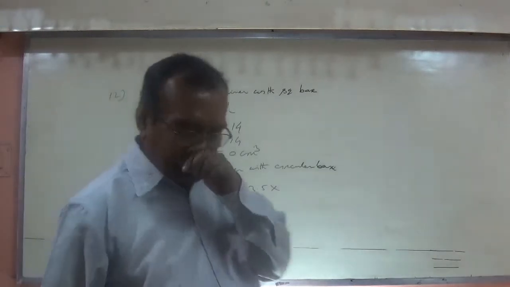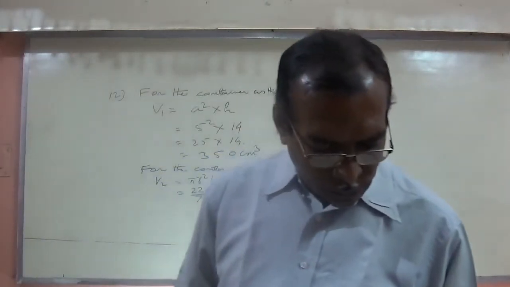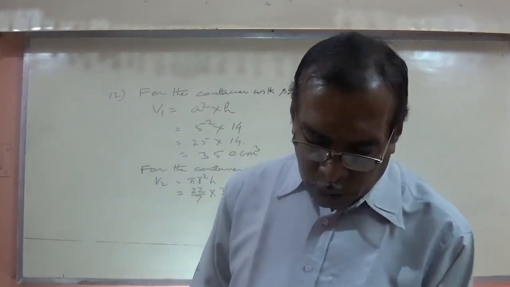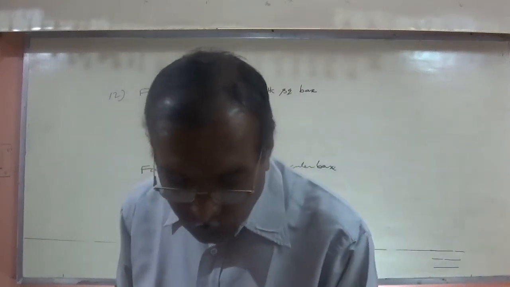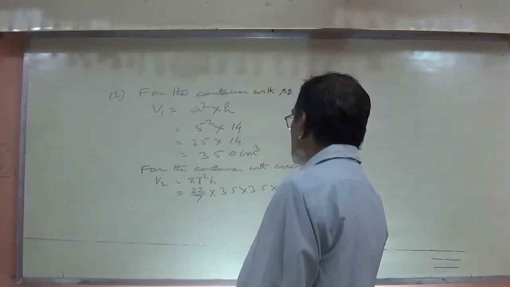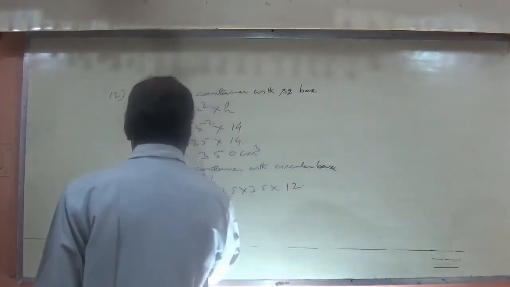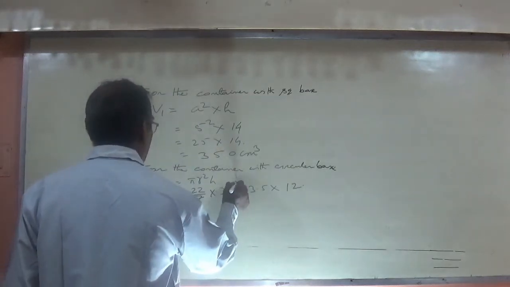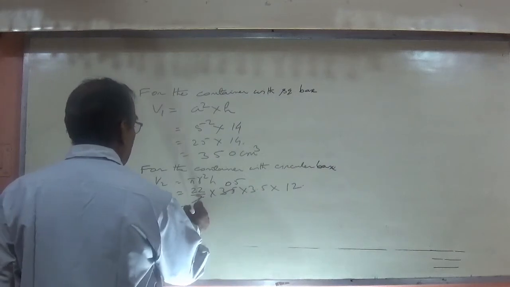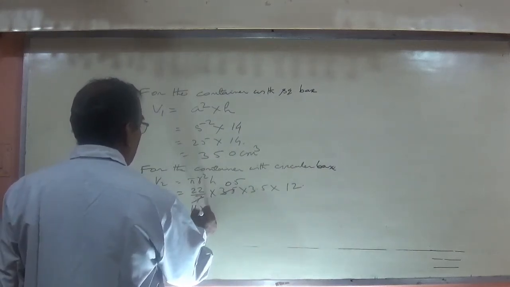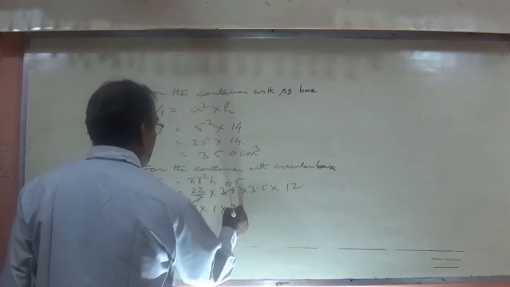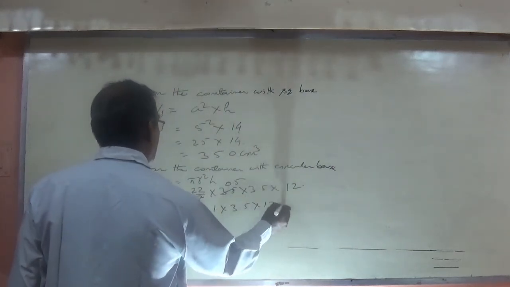H is how much? It is 12. So 7 fives are 35, which is equal to, from 22 take out common 2, 11 into 2 into 0.5. If you multiply 11 into 3.5 into 12.